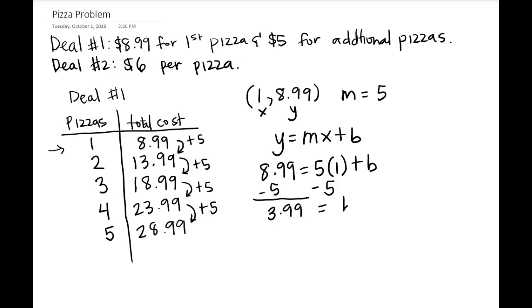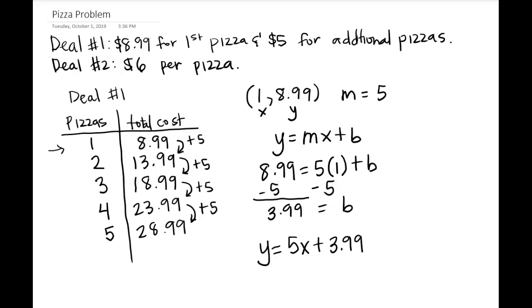So our b is in fact $3.99, not the $8.99 like I mistakenly said because I wasn't reading through the question very carefully. So when we write this down as an equation, we'd have y equals 5, which is our slope, x plus $3.99.